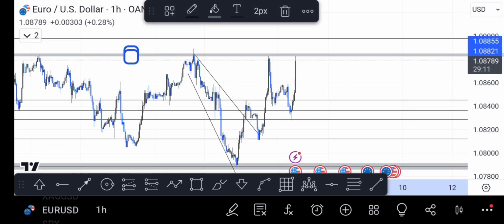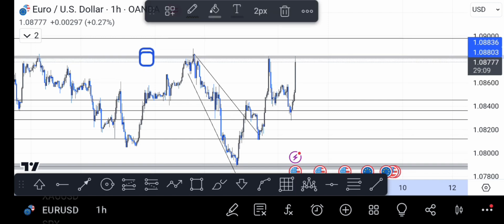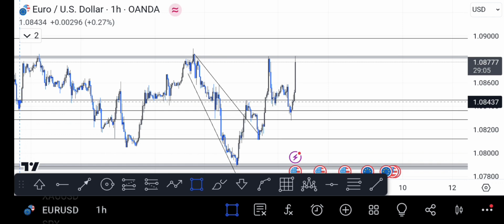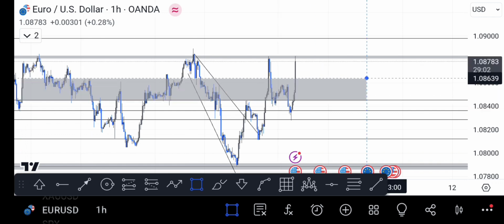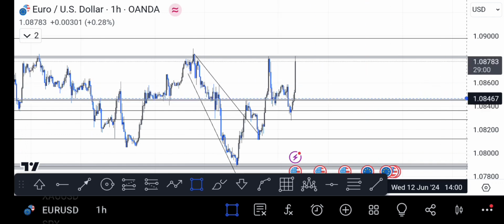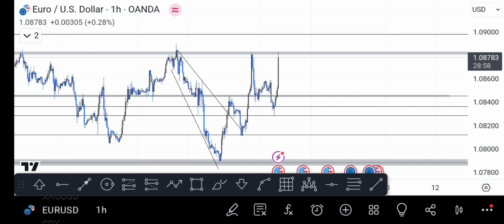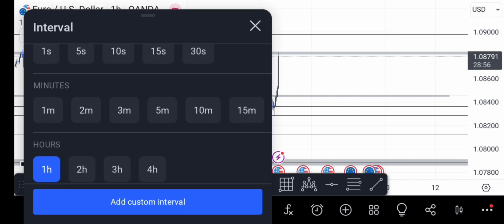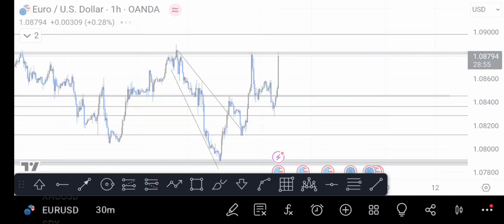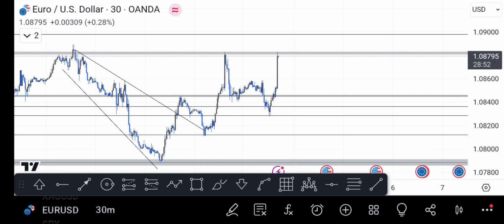All in all, I think EURUSD is going to retest. I don't know when, but it's going to retest. At this zone that I'm highlighting, I just need sales till there. Then we'll look for buys after that. So let's keep on looking for sales on EURUSD.